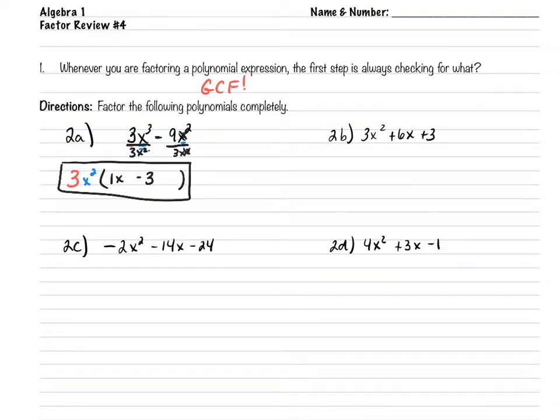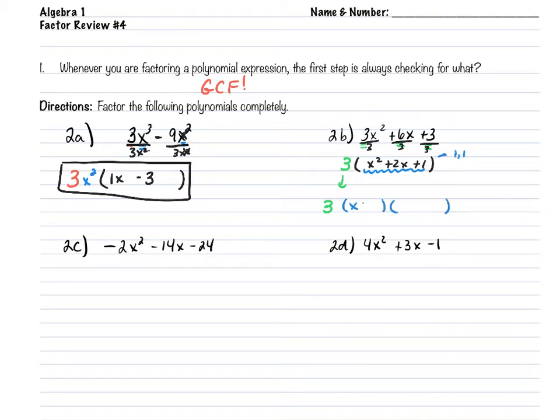Moving on to the next one, we always check for the GCF first. These do have a GCF of 3, so I'm going to write the resulting polynomial, x squared plus 2x plus 1. And again, I'm just imagining dividing all of those terms by 3. Now, just because we found the GCF doesn't mean we're done factoring, but what we do note is the polynomial that's left has a leading coefficient of 1. So I'd be asking myself what numbers would multiply to 1 and add to 2.